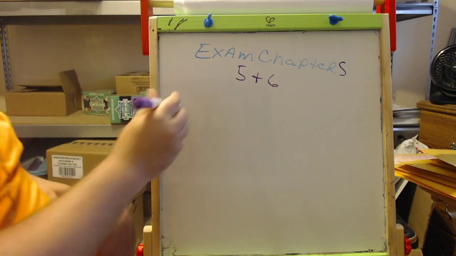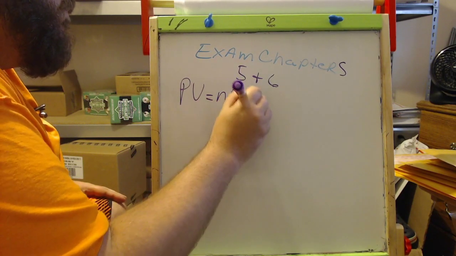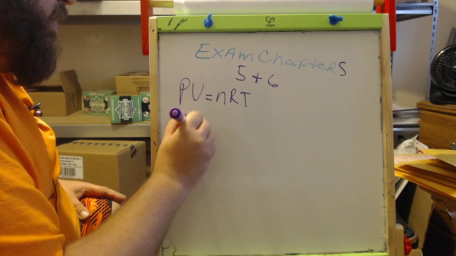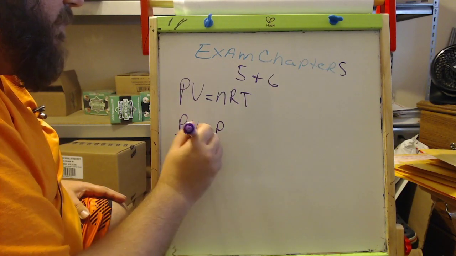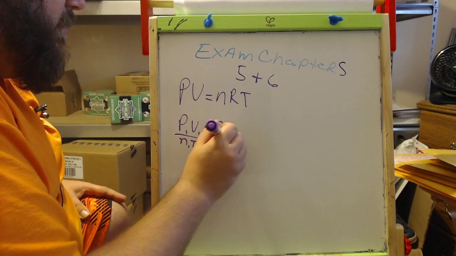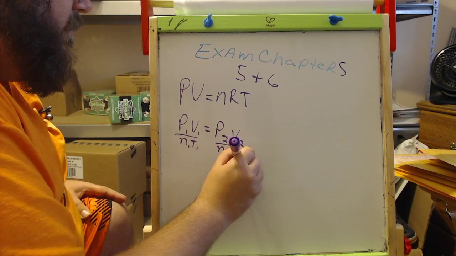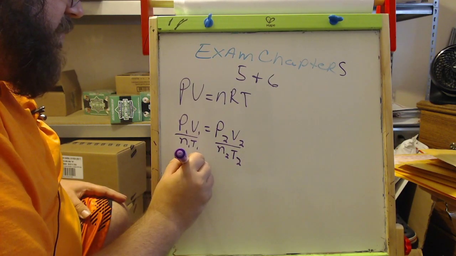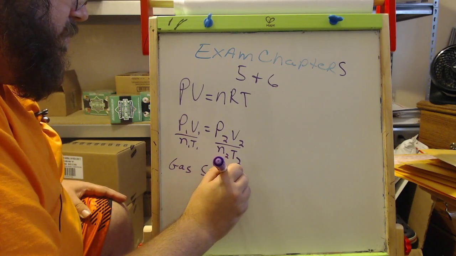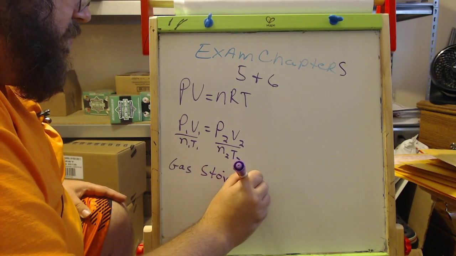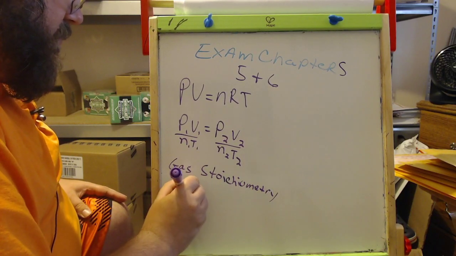So you should be able to do all your stuff with PV equals nRT, and P1 V1 over N1 T1 equals P2 V2 over N2 T2. You should be able to do gas stoichiometry and Dalton's law of partial pressure.